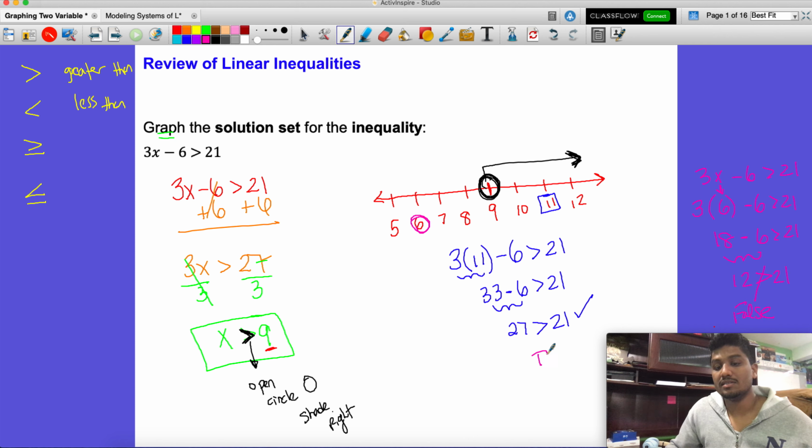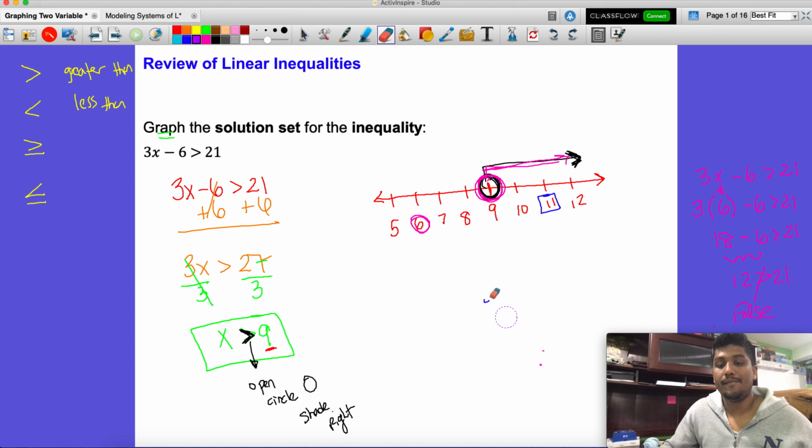So what this tells us is that any number in the shaded area of this line, if you plug it into the original, would be a true statement. If we were to plug in 9, notice that this is an open circle. Let's see what would have happened. I'm going to erase this piece, and we're going to substitute in a 9.